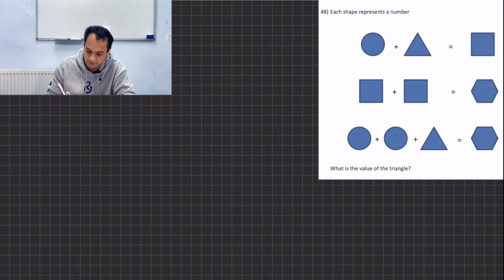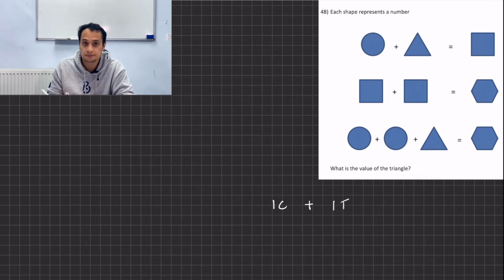Right? So we've got one circle, which I'm going to call 1C, plus one triangle. I'll call triangle 1T. And then that equals one square. Instead of S, I'm going to go for a Q, just so I don't confuse it with 5, because I'm not very good at distinguishing between S's and 5s. Right?